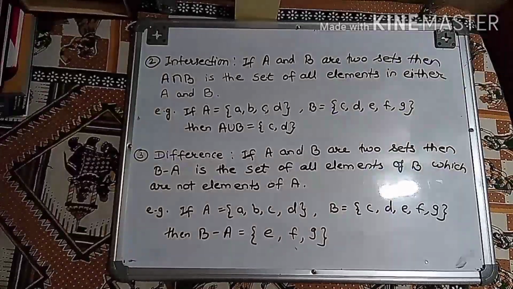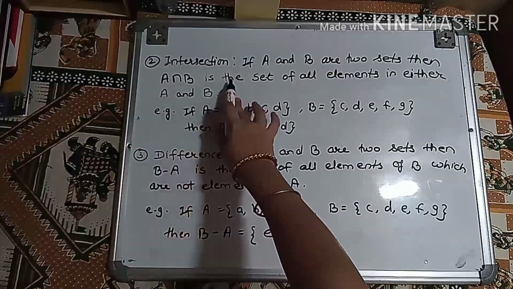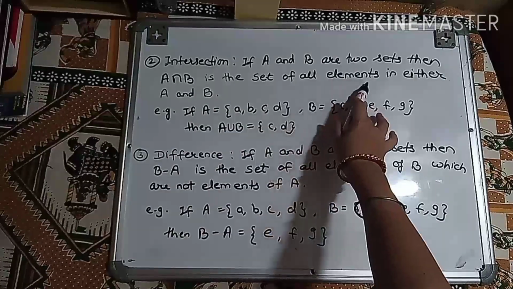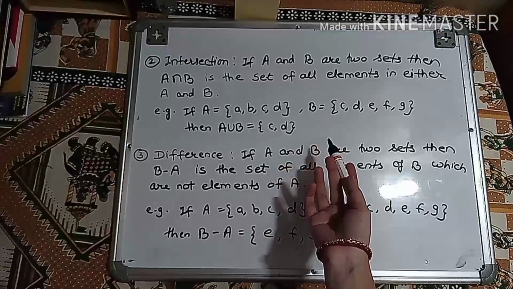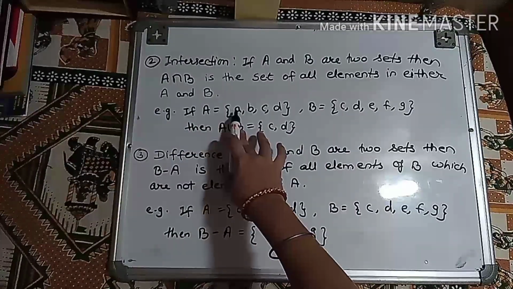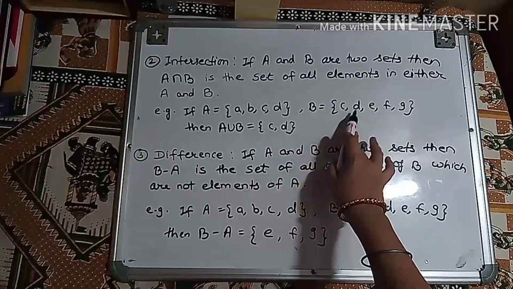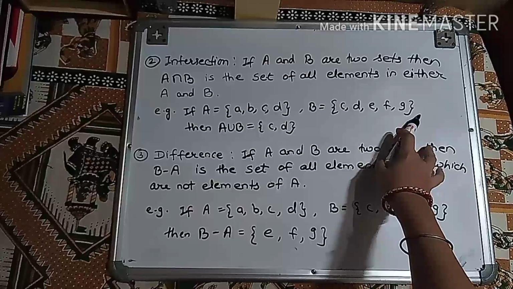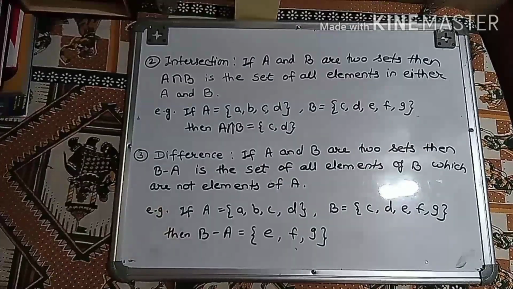Next operation is intersection. If A and B are two sets, then A intersection B, denoted in this way, is the set of all elements in both A and B. For example, if A is the set of elements a, b, c, d and B is the set of elements c, d, e, f, g, then what will be A intersection B?